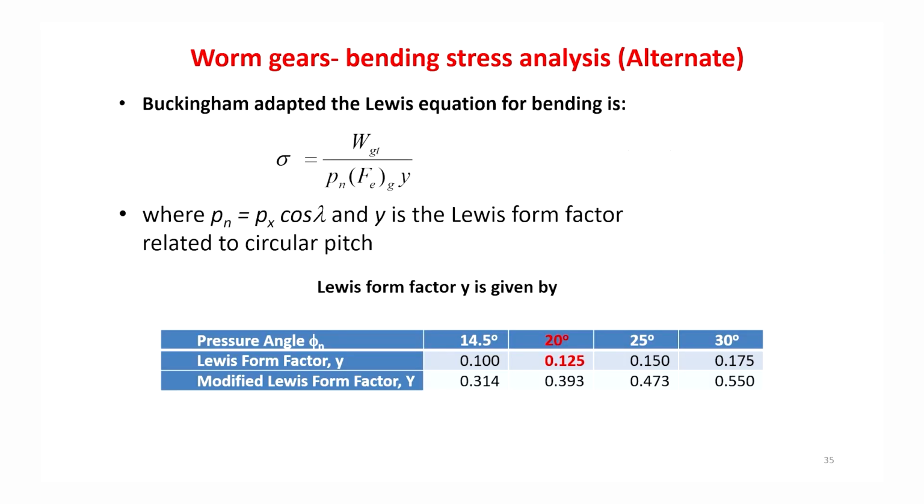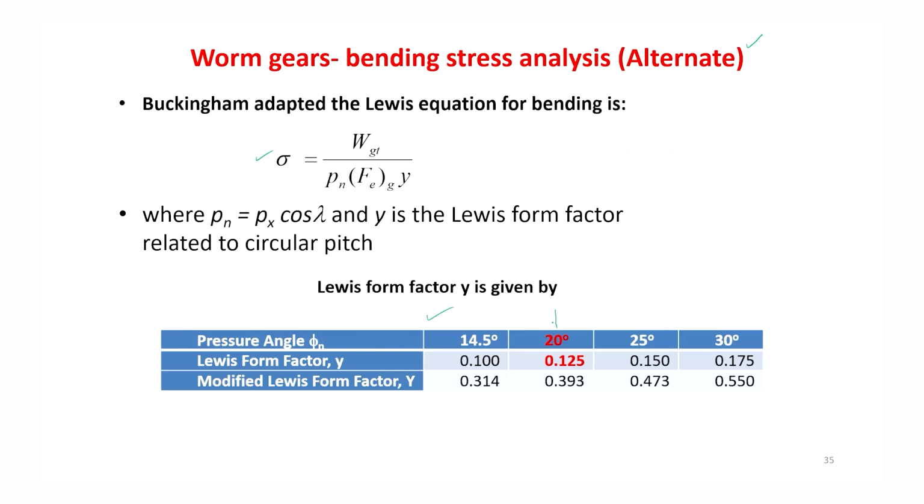Now, worm gears bending stress analysis, which is an alternative method. So, Buckingham gave this: sigma is equal to W_GT divided by P_n F_e Y, where P_n is the axial pitch multiplied by cos of the lead angle and Y is the Lewis form factor, which can be determined from this table depending on the pressure angle selected.